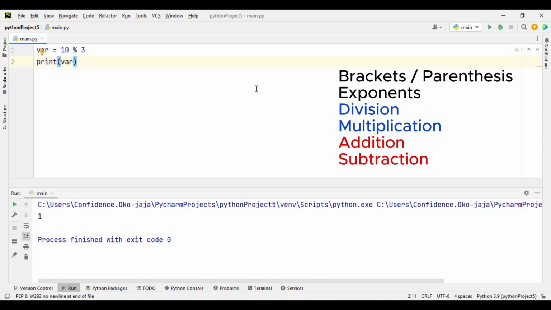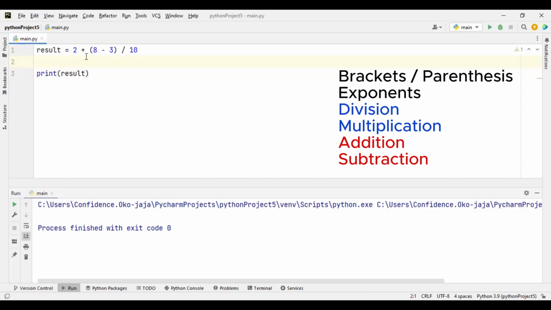So it means that when you have operators and operands in an expression, you evaluate the terms in the brackets or parentheses first, before the exponents, before the division or the multiplication, then before the addition or the subtraction. So let me explain this to you with some examples.